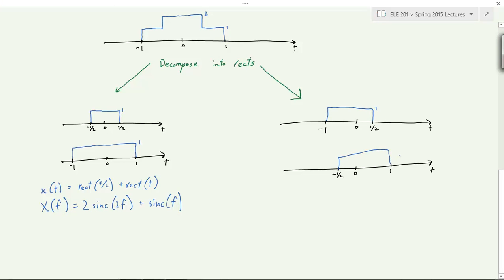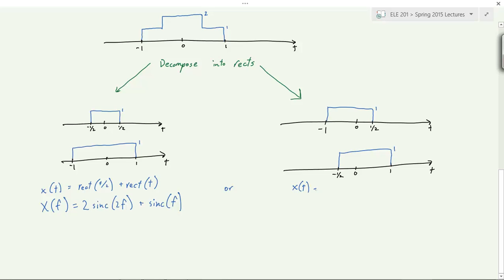Notice that if we add, well, that's kind of crooked. If we add these two rects, then same thing happens. Add those together, you'll get back the original thing. Okay. So put a big or here. We could do it this way.